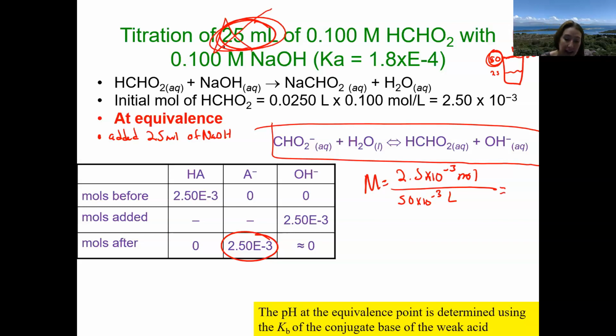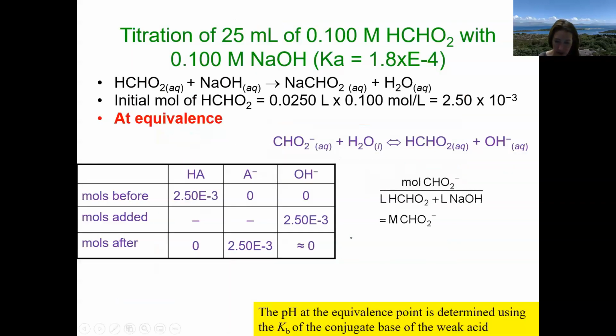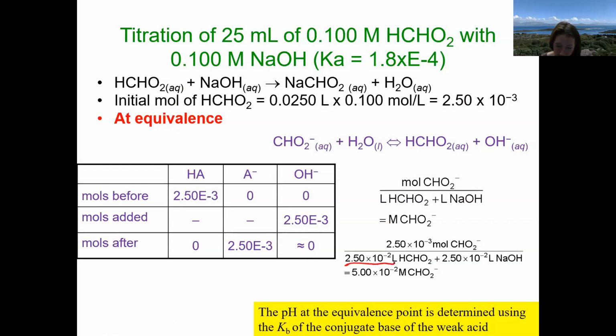So you have to add the volumes, which I think I did right here. So here I'm adding the volumes, my acid plus my base. So my new molarity is this. Now we can do an ice table.